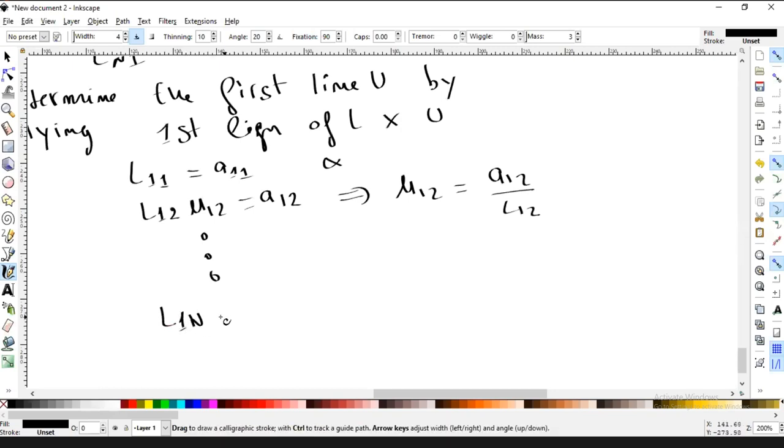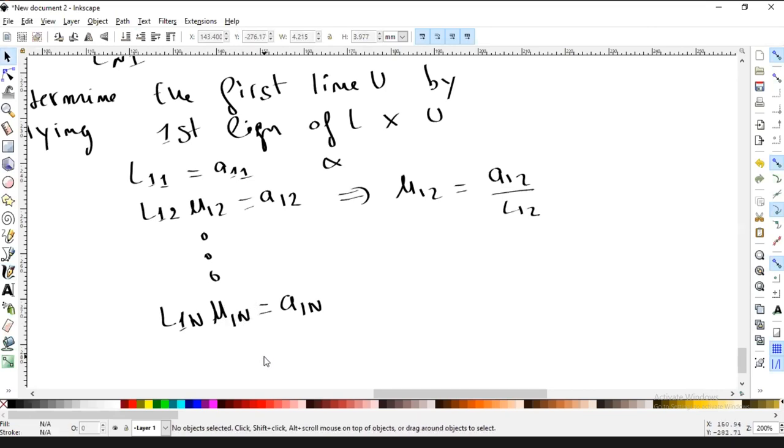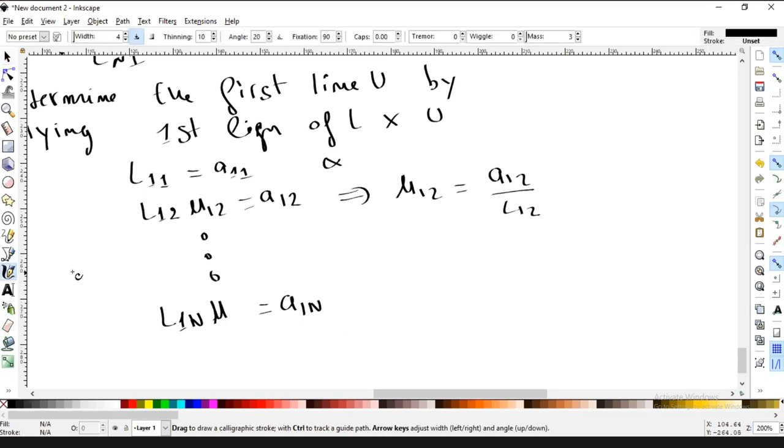It's L1N U1N is equal to A1N, okay, U1N is equal to A1N over L1.